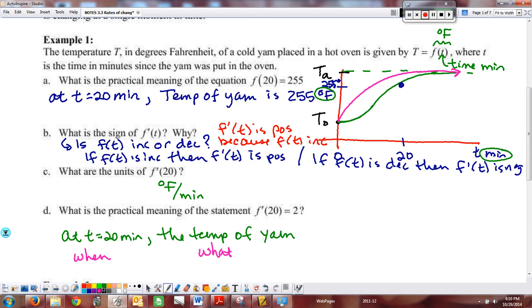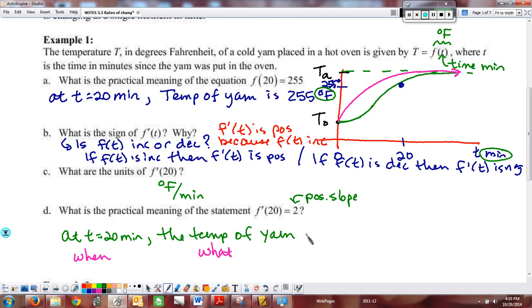Then we follow that with what is the temperature of the yam doing? Is it increasing or is it decreasing? I look at my derivative and I notice that the slope that I'm being given is a positive slope. So because I know that the derivative at 20 is positive, I know that the temperature of the yam, the original function, the quantity, must be increasing.